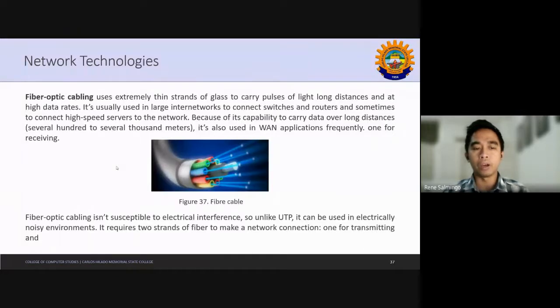The fiber optic cable isn't susceptible to electrical interference, so unlike UTP, it can be used in an electrically noisy environment. Fiber requires two strands to make a network connection, one for transmitting and the other for receiving.